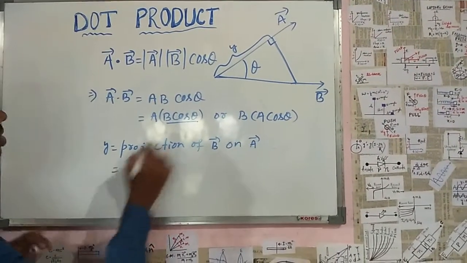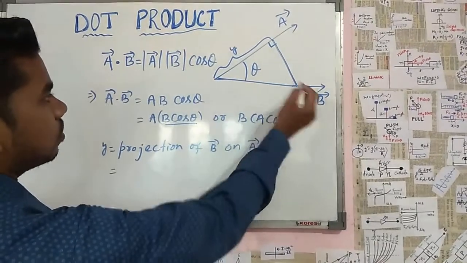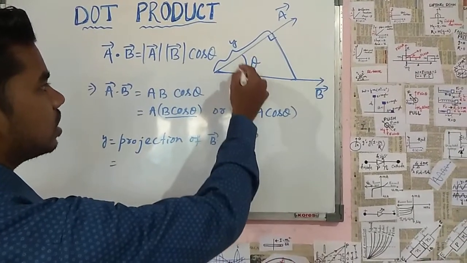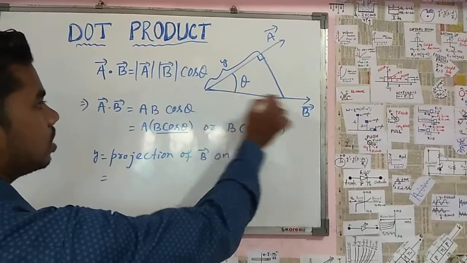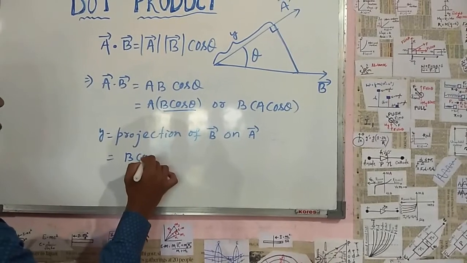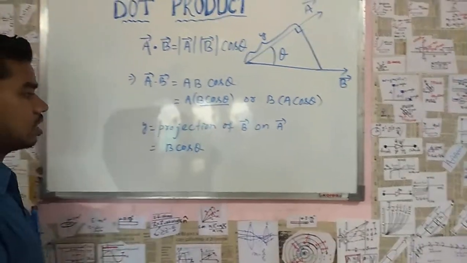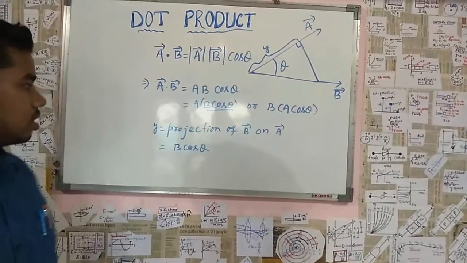Here b is the hypotenuse, so cos theta equals y by b. So y equals b cos theta. So b cos theta means the projection of b vector on a vector.